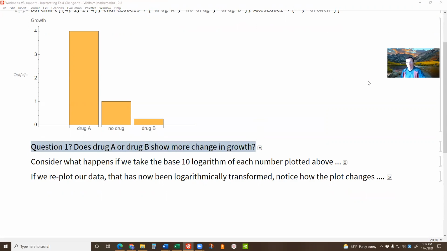Okay, all right. Let me state the question again. The question is, does drug A or B show more change in growth? And here's the answer.